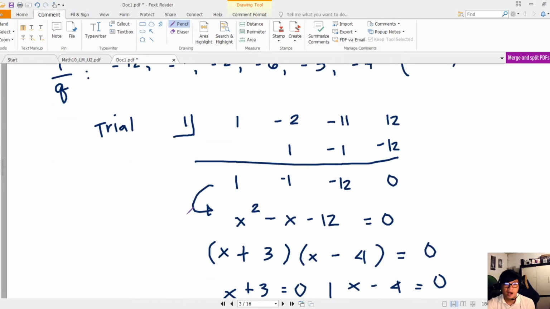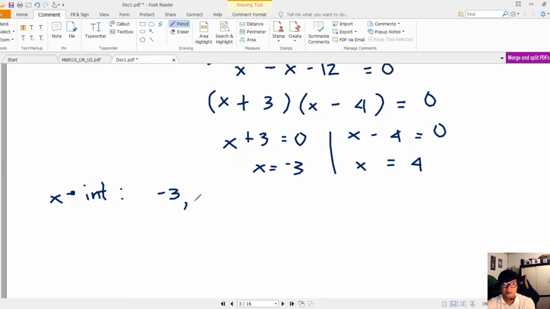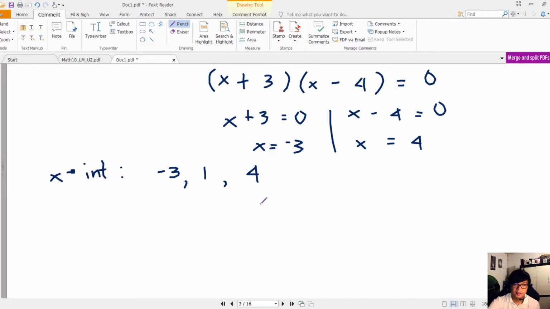Then, 1. And 4. So, this is the x-intercept or the real roots of our given polynomial function.